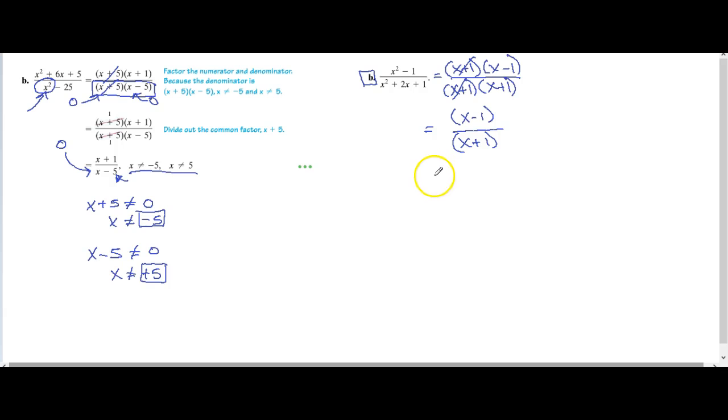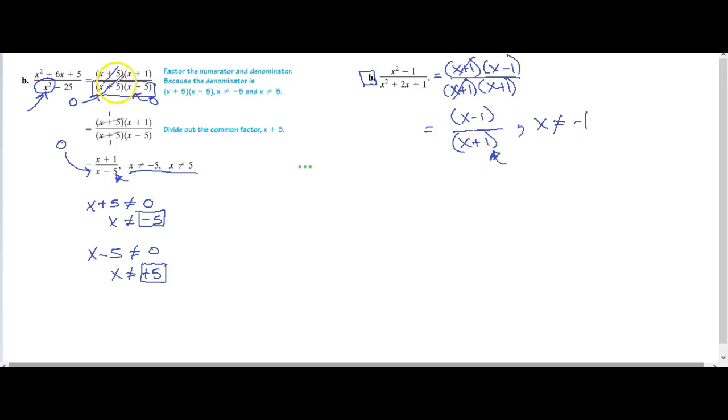That means that this is my simplified expression, but x cannot equal -1, or else it will make this denominator 0.